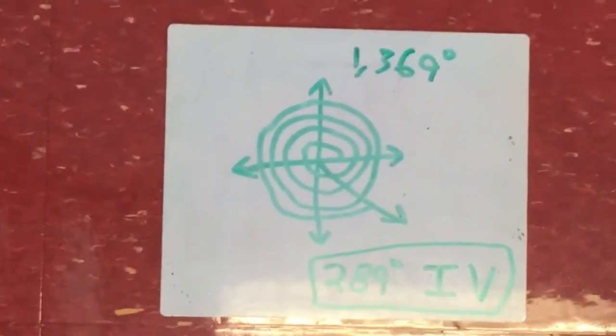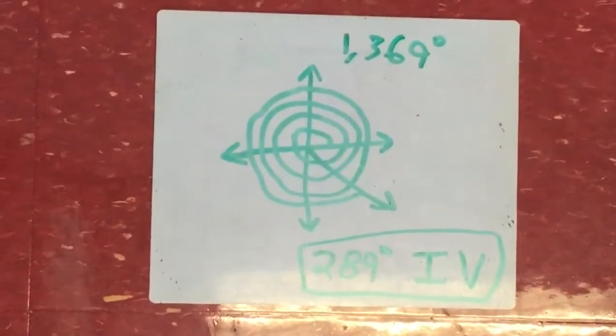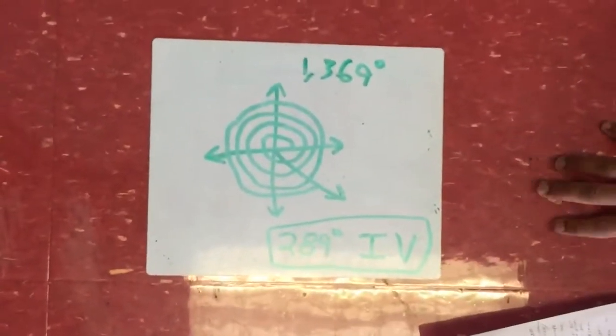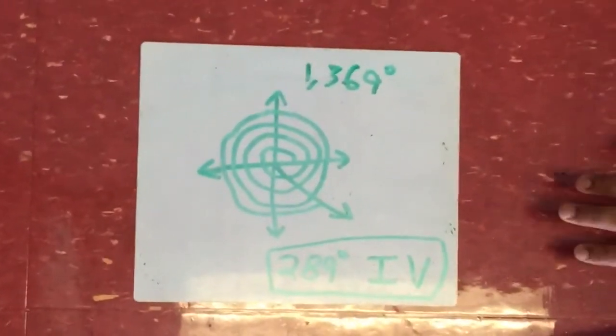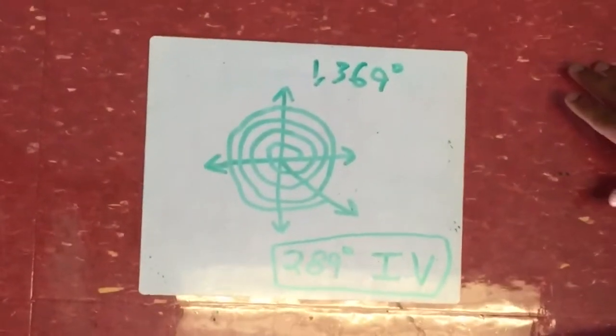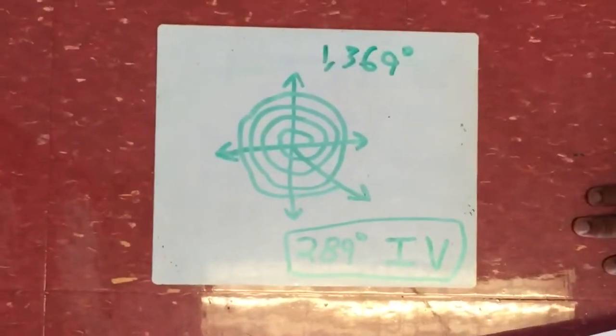Step 1. Figure out which direction you are going to draw the angle, clockwise or counterclockwise. How you figure this out is if it's negative, you go clockwise. If it's positive, you go counterclockwise. Step 2.